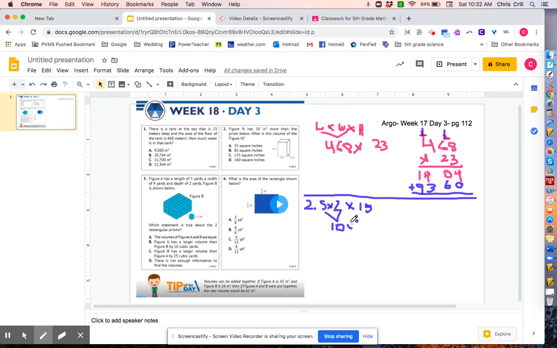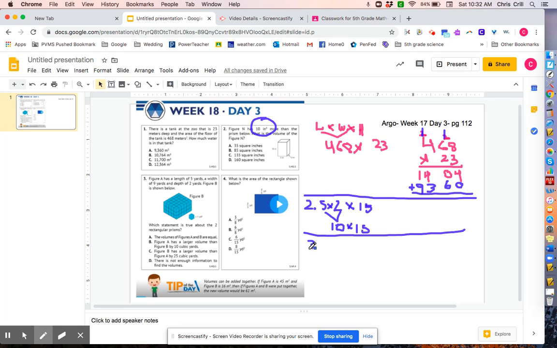And then multiply that by 15. Remember, this is going to give us the volume of this figure. Then after we figure that out, we have to increase the volume by 10, or add 10 to it, to get my volume for figure N. So I'll let you finish that final step on your own.